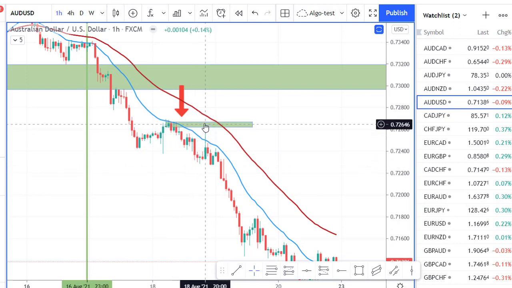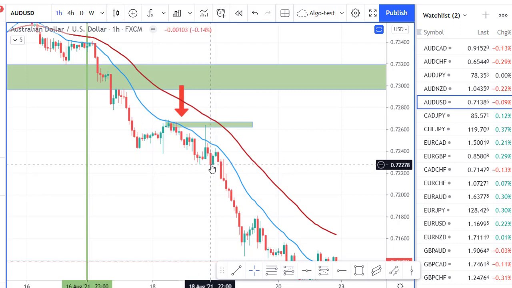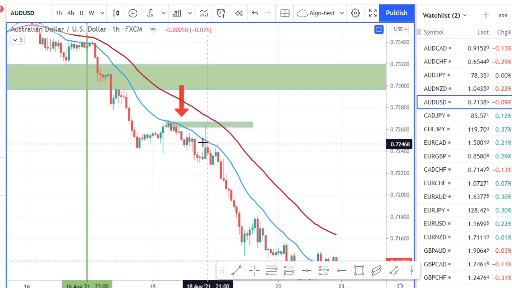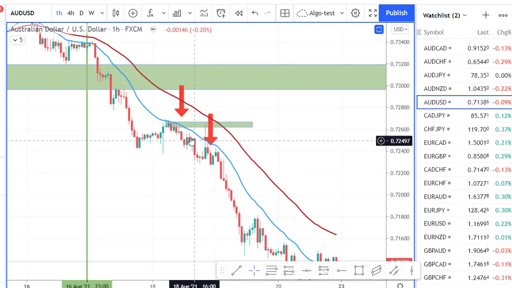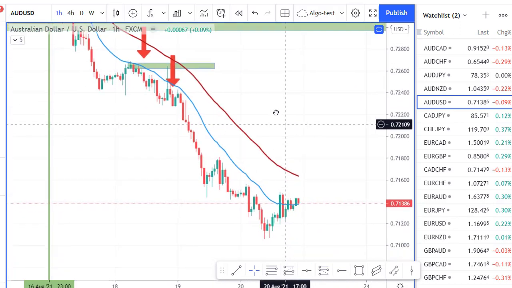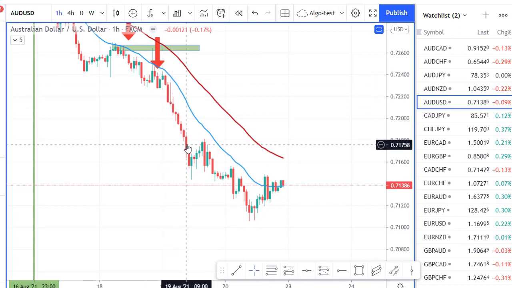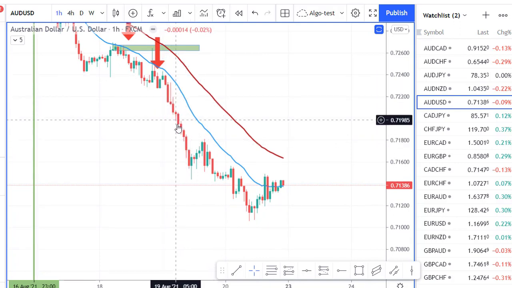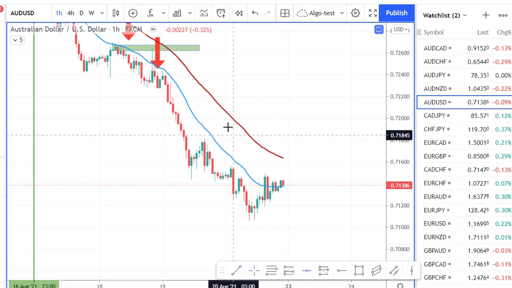And when we get up here, touch that and get sent back down, then I could take another good short trade, something like this. I could put another half position on here, and I could just trail it, either take 1.5 to 1, meaning 1.5 times my initial risk, or I could move my stop down along with the movement in the market.